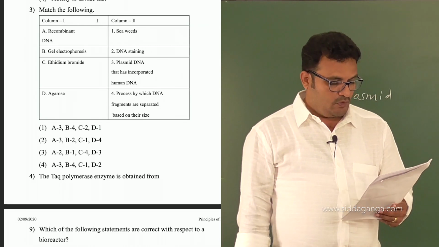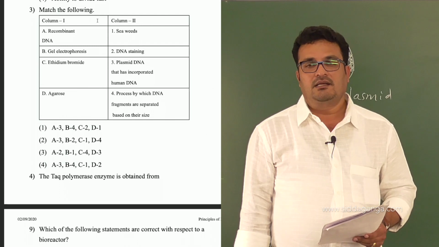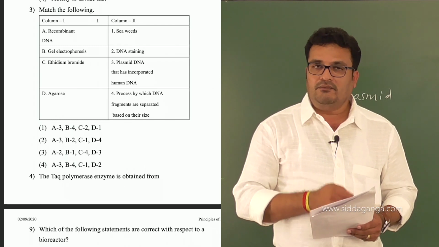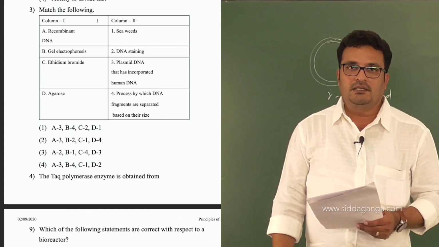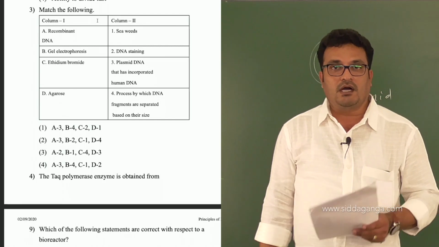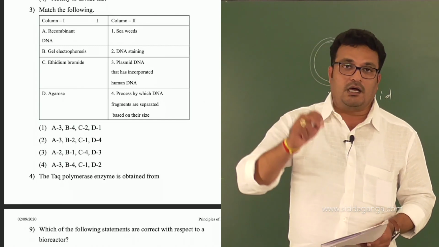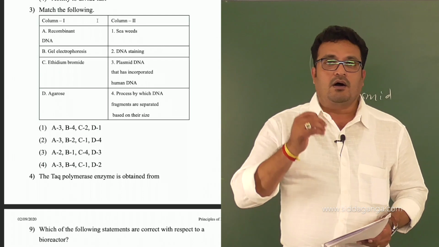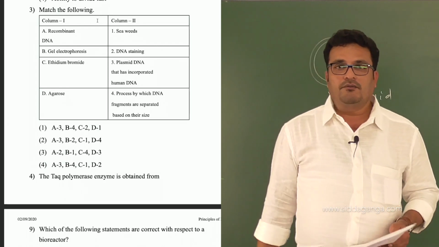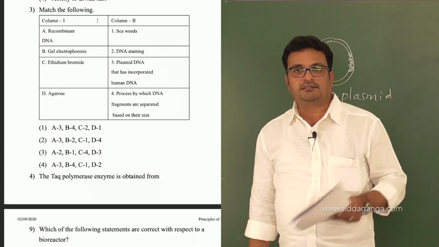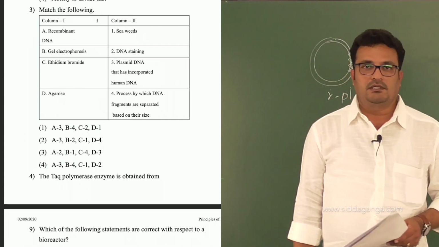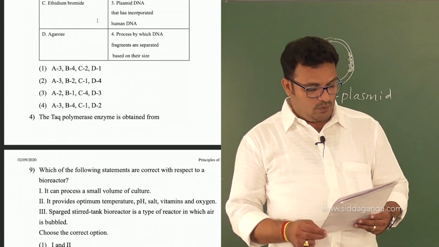And agarose is a gel, agarose gel. Agarose is a purified form of agar, and agarose is a complex polymer of seaweeds. Okay, option 1 is the right answer.